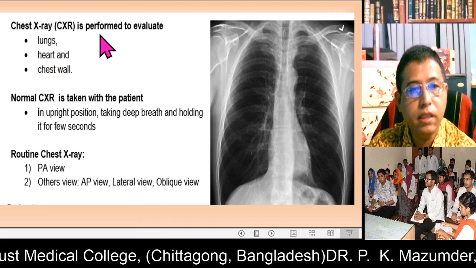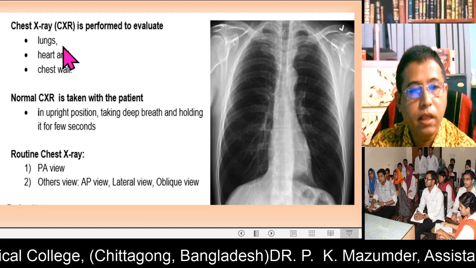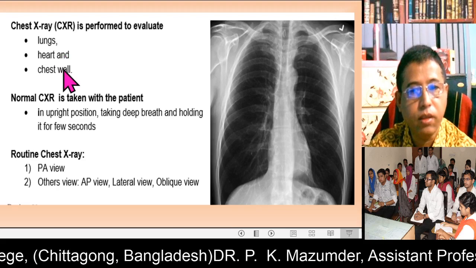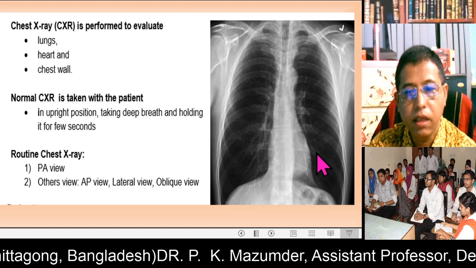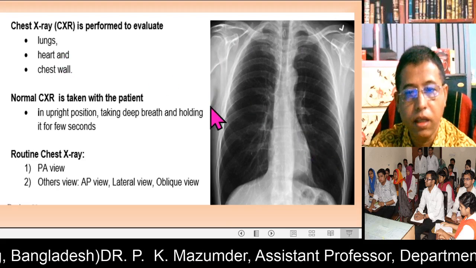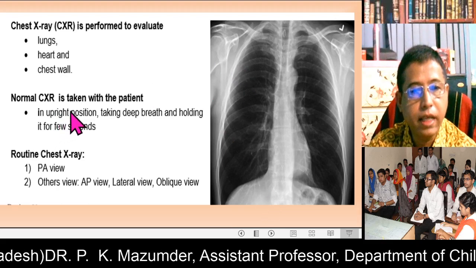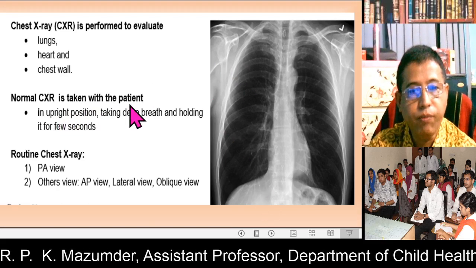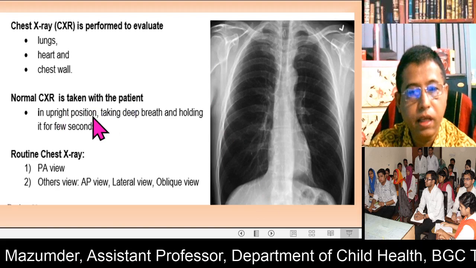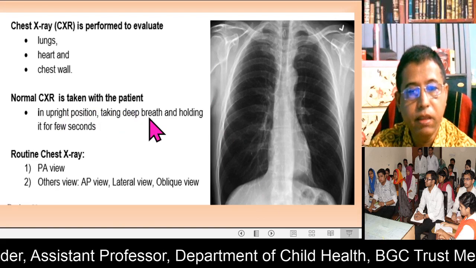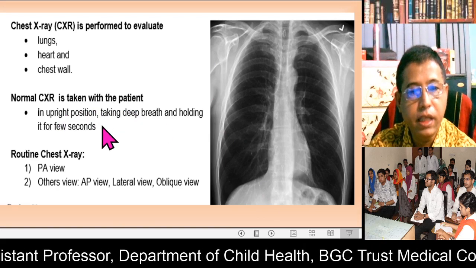Chest X-ray is performed to evaluate lungs, heart and chest wall. Normal X-ray is taken with the patient in upright position, taking a deep breath and holding it for a few seconds.